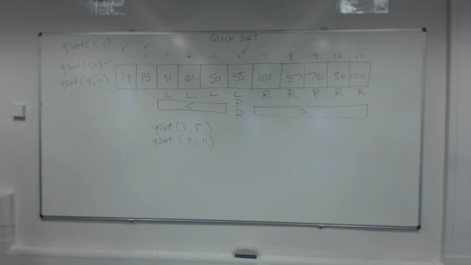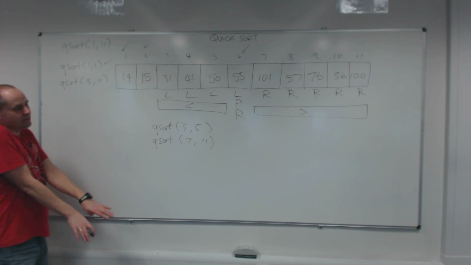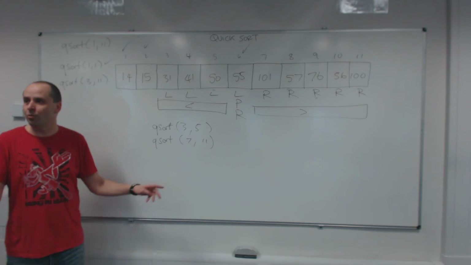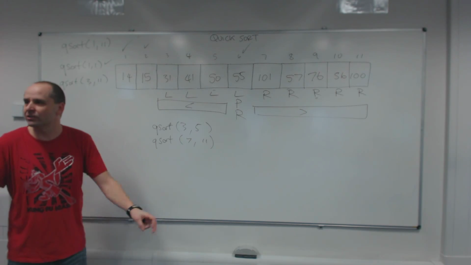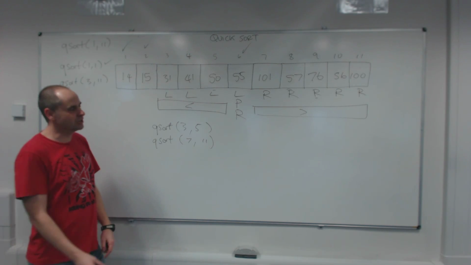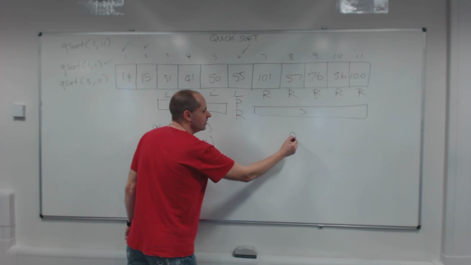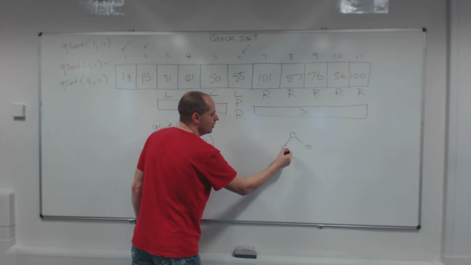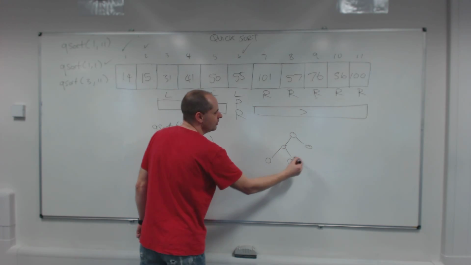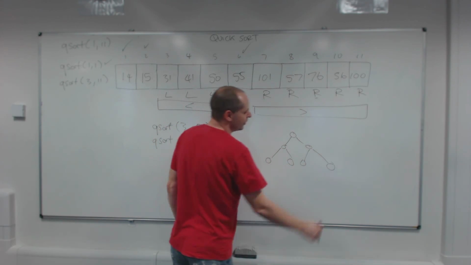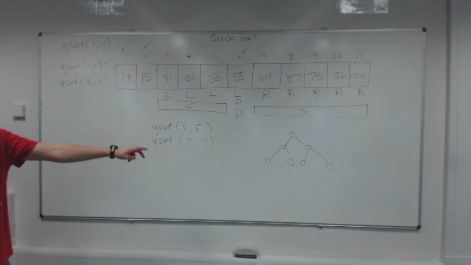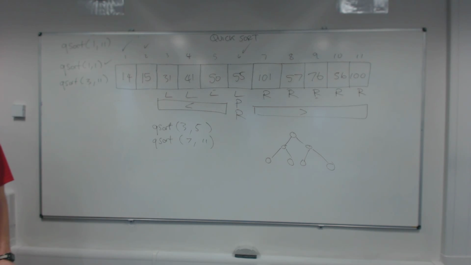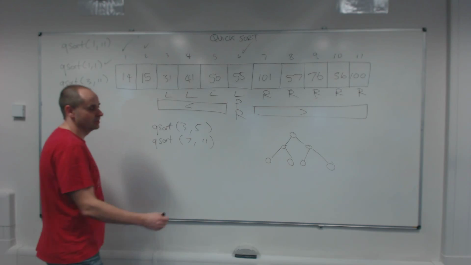And they would run independently. But you can see that every time you run one of the quicksort subroutines, you generate 2 quicksort subroutines. So you start off with 1, that generates 2, that generates 2. So by the time you've been through 2 full passes, you've called quicksort 4 times.